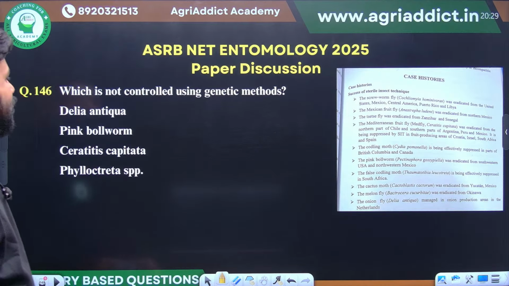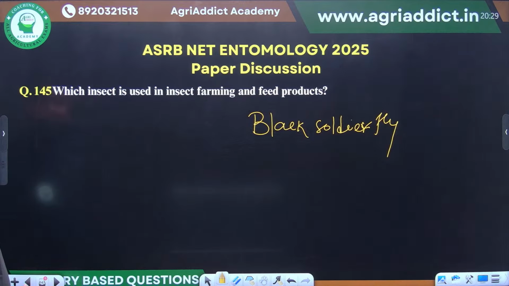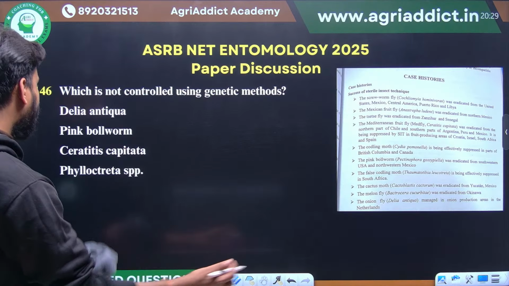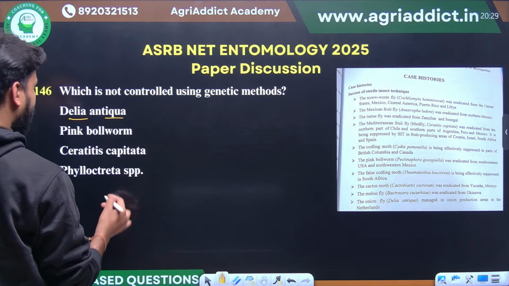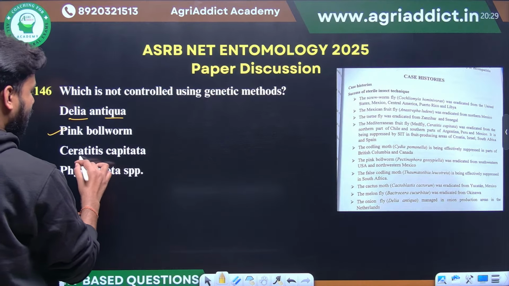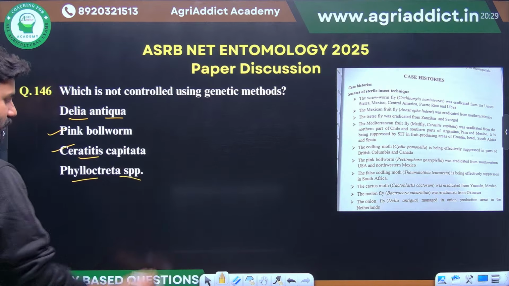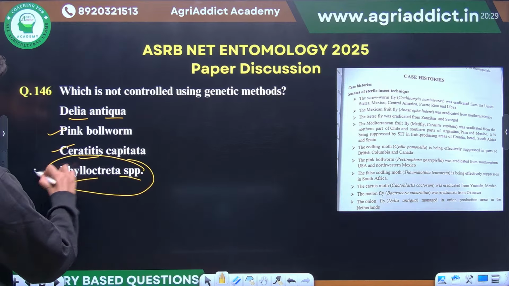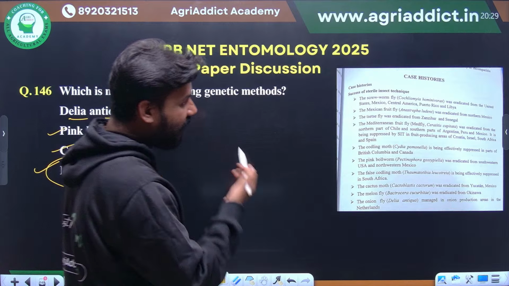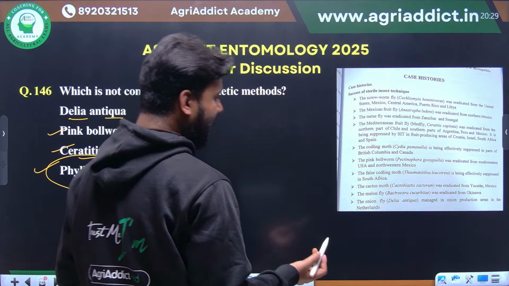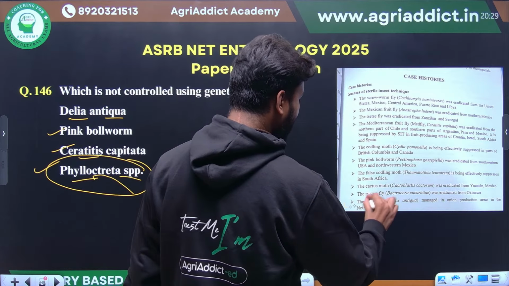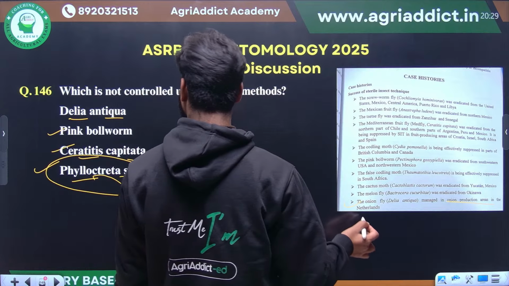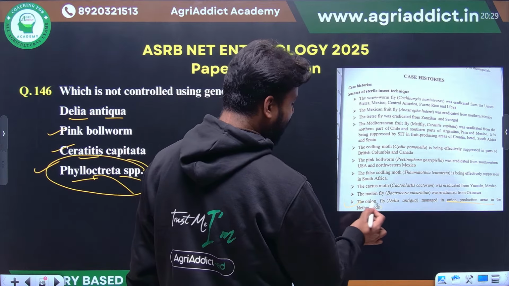Next question is, which is not controlled by using genetic methods? The options are Delia antiqua, that is onion fly, pink bollworm, Ceratitis capitata, and Phylocteta species. The correct answer will be Phylocteta species. Here I have given the references. Delia antiqua, that is onion fly, is managed in onion production areas through sterile insect or genetic method in Netherlands.